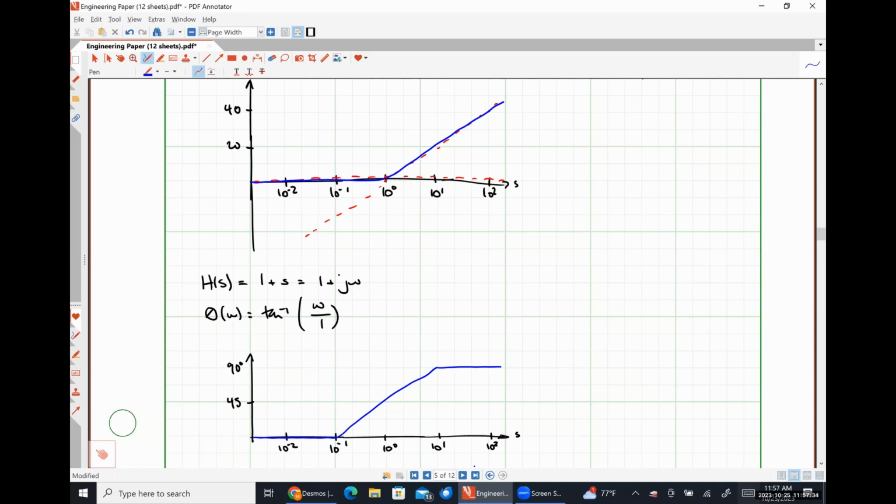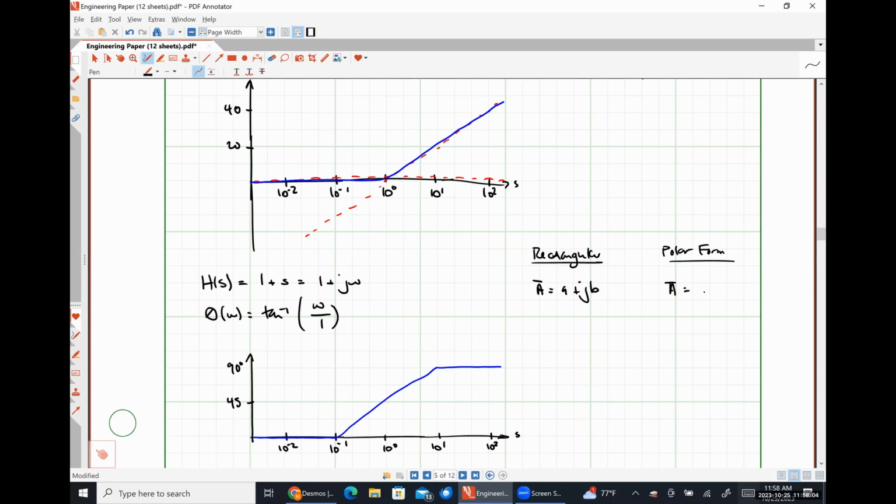So remember from literally Circuits 1 that a rectangular form complex number A equal to a plus jb can be expressed as a polar form complex number.